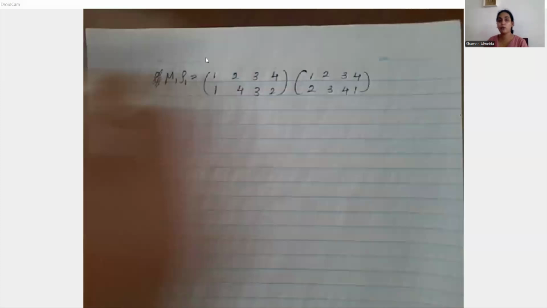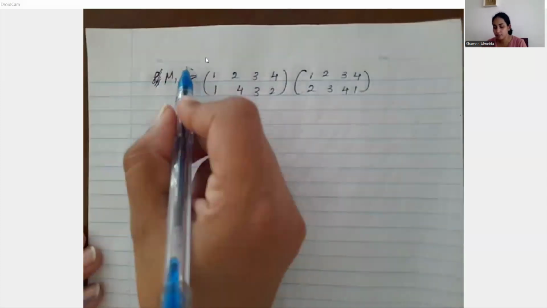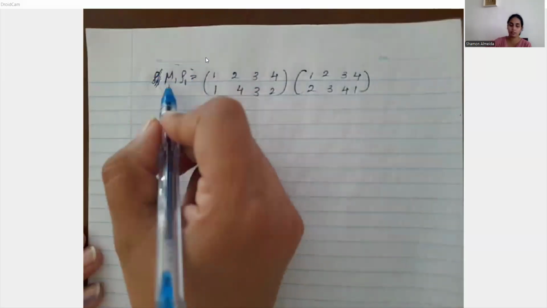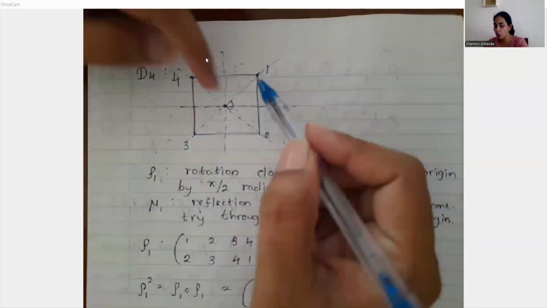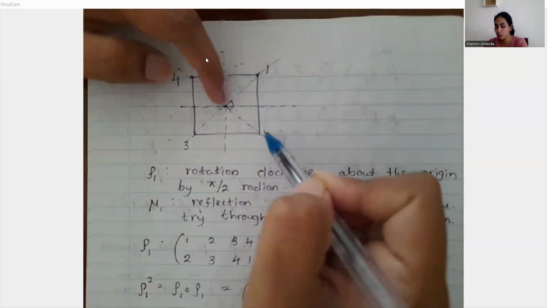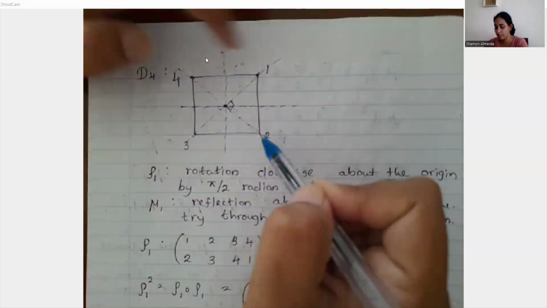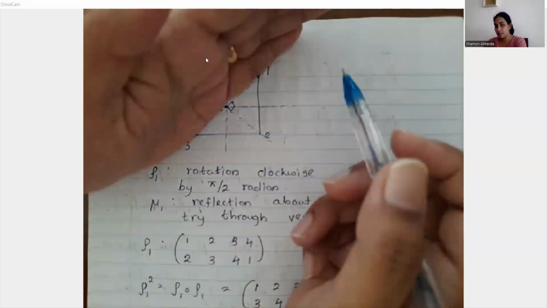Now, if you look at mu1 rho 1, this means first we take the rotation rho 1, then the reflection mu1. So if you go back to this, first we rotate this by an angle of pi over 2. 1 will be here, 2 will be here, 3 will be here, 4 will be here. Then we take this line of symmetry, right?